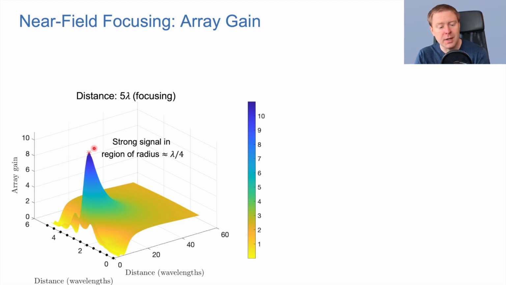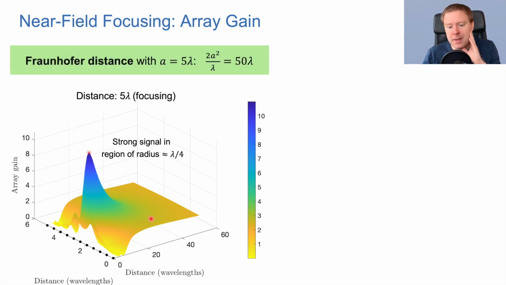So here's the location where I would like to get a strong signal, and we get a strong signal at that location, represented by a large number here. And then at other locations, well, the array gain is dropping very quickly around it. So the signal is only strong in the small spherical region around where the user is, and it has a radius of approximately 1/4 of a wavelength. So in this case, we're actually focusing the signal not only in a direction, but on a point in that direction, a point that is nearby.